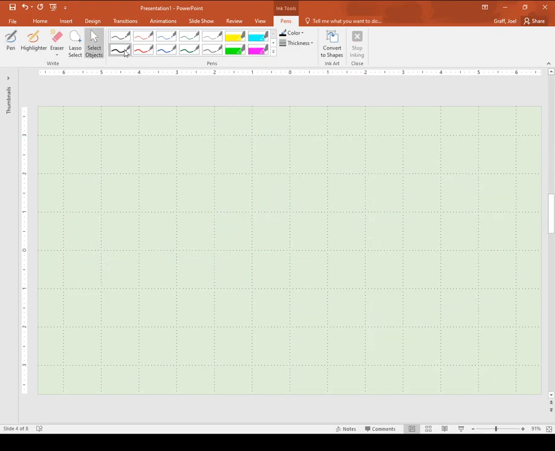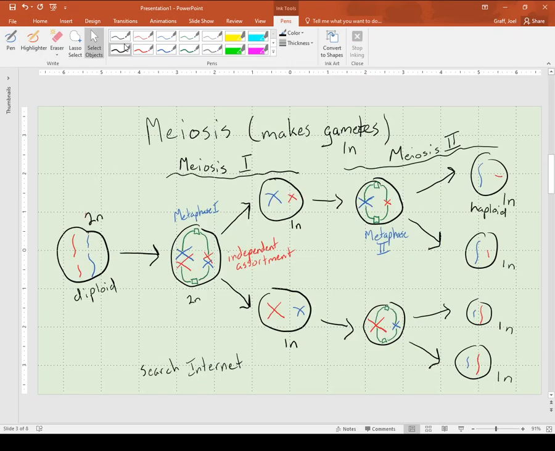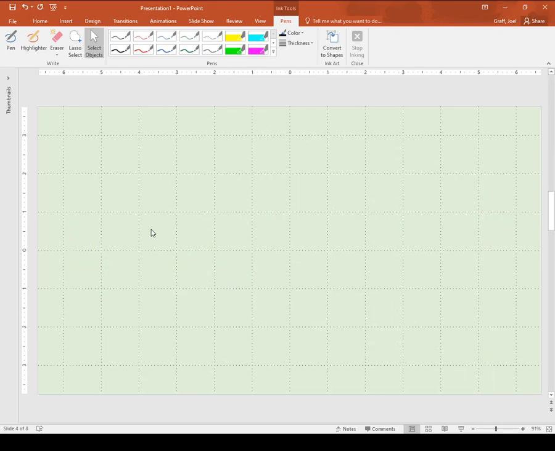Next, we're going to zoom in. When I was drawing these metaphase 1s, I was showing them so that they're kind of crossed over a little bit. The arms of the chromosomes were crossed over a bit. So let's zoom in on that and let's make it a lot bigger.